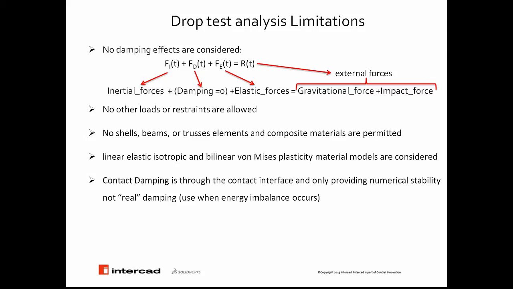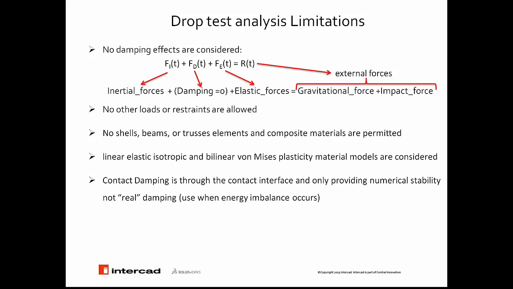We're just considering nonlinearity in one scheme, which is von Mises plasticity. Therefore, the range of materials we can do such an analysis on is very limited, to those for which von Mises plasticity constitutive material is true. Therefore, if, for example, you have a rubber-type material, which is a hyperelastic material, in your model, you can't really perform a drop test.